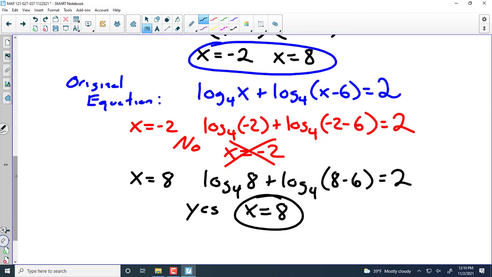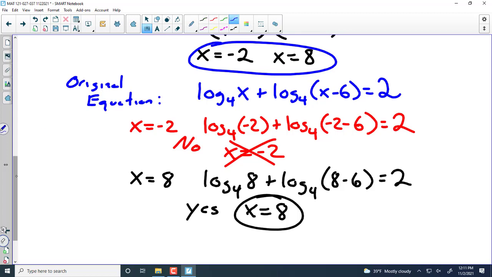Once again, everyone is going to get -2 and 8 when they do this problem. Everyone. The people that get it right are the people that reject -2 and keep 8. You have to check your answer. And normally, as you get better at these, you can pretty much just check it in your head. But I wanted to do this one on the board so you could all see what my thought process is.